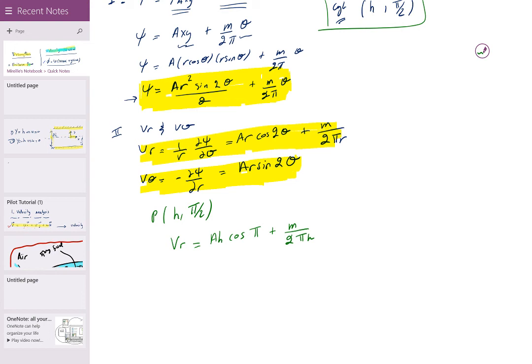Now because it's a stagnation point, my vr is equal to 0, so I'm going to get this relation: A h, minus cosine pi is minus 1, equals m over 2 pi h.